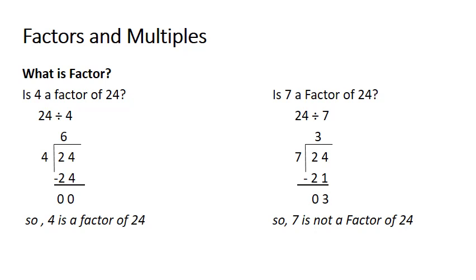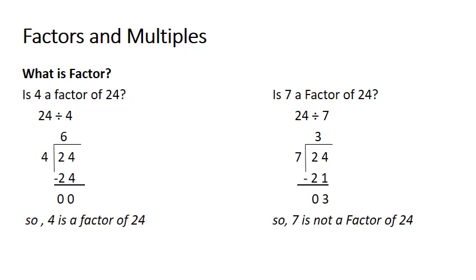So here you can see that there is a remainder 3, which means 24 is not divisible by 7.